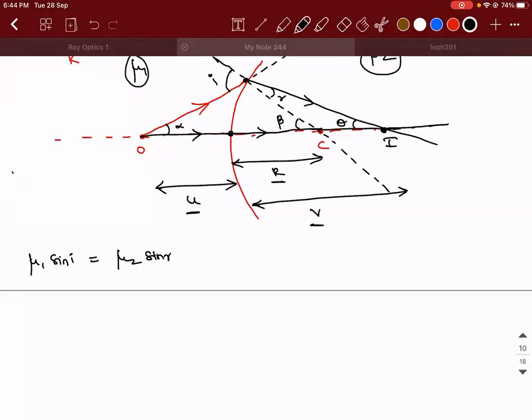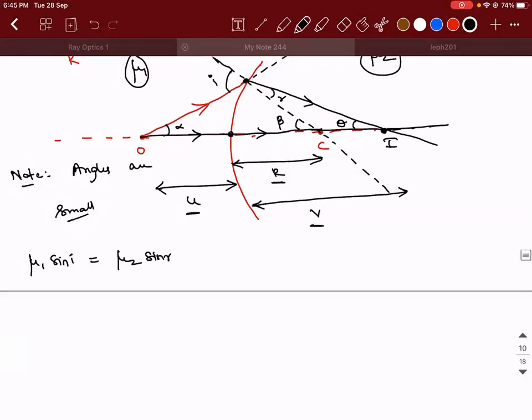An important note is that all the angles are small, so the sine of that angle can be approximated to the angle itself. So mu1 into i is equal to mu2 into r. Let this be equation number 1.